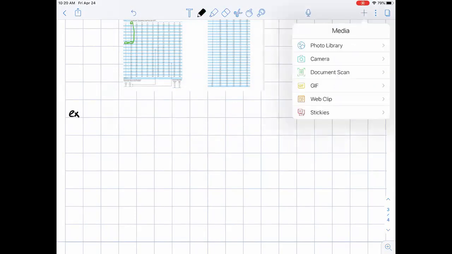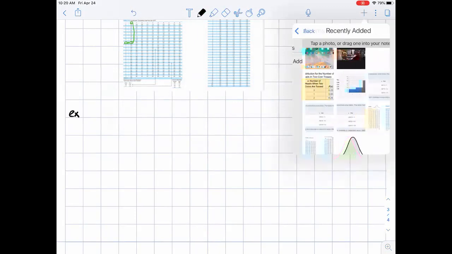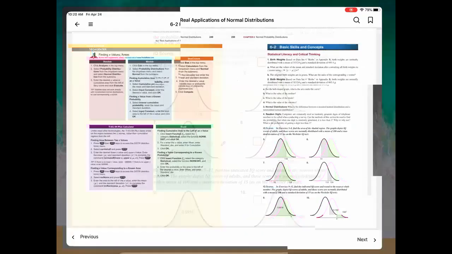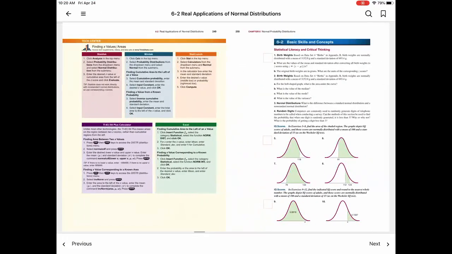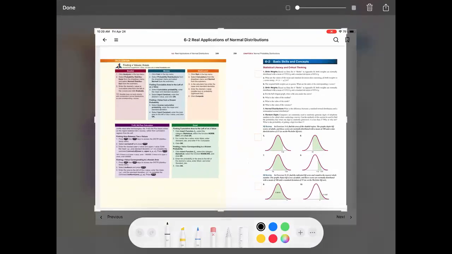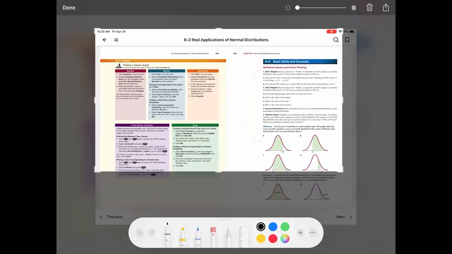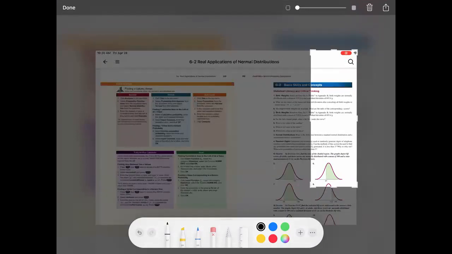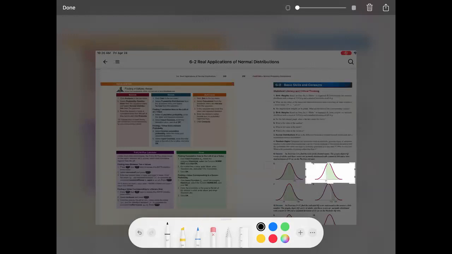textbook, and take back a picture of this. And now we want to focus on this one here.